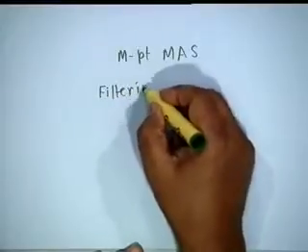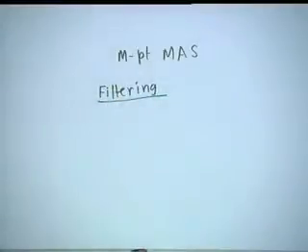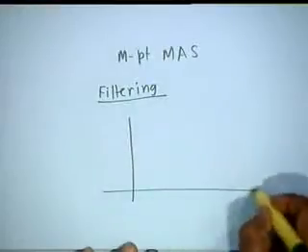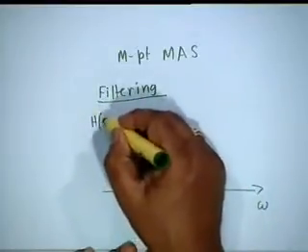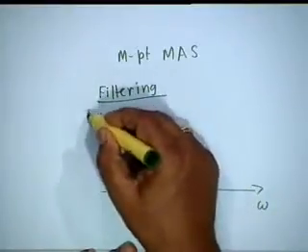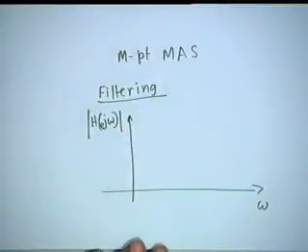Once we have come to the definition of frequency response, now one can talk of filtering. A filter is an electrical device which selects the appropriate frequencies and rejects others. For example, an ideal low pass filter shall have a frequency response like this: capital H of e to the j omega.